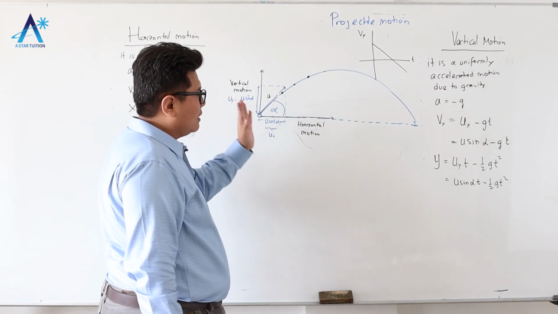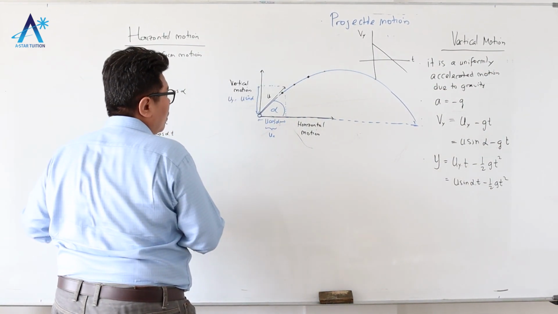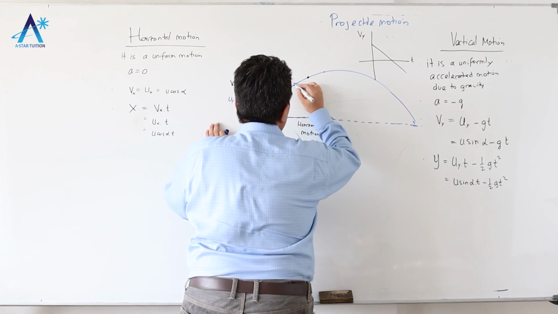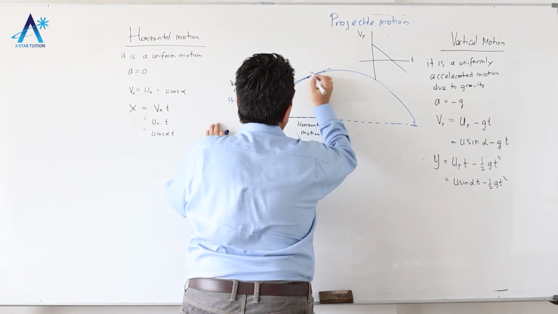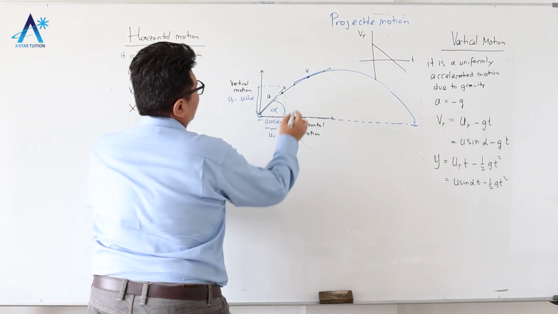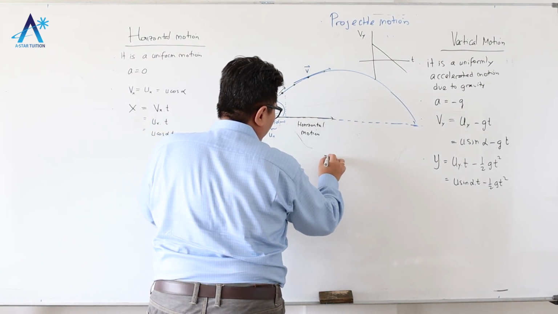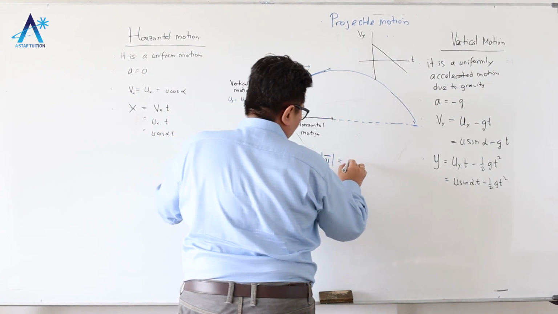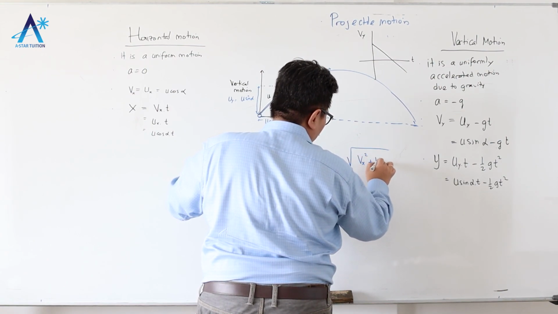So once you get vx and vy, we can calculate the magnitude of the velocity vector, which is essentially the speed. So this is the velocity at this point. The speed, which is equal to the magnitude of the velocity vector, can be found by taking the square root of vx squared plus vy squared.